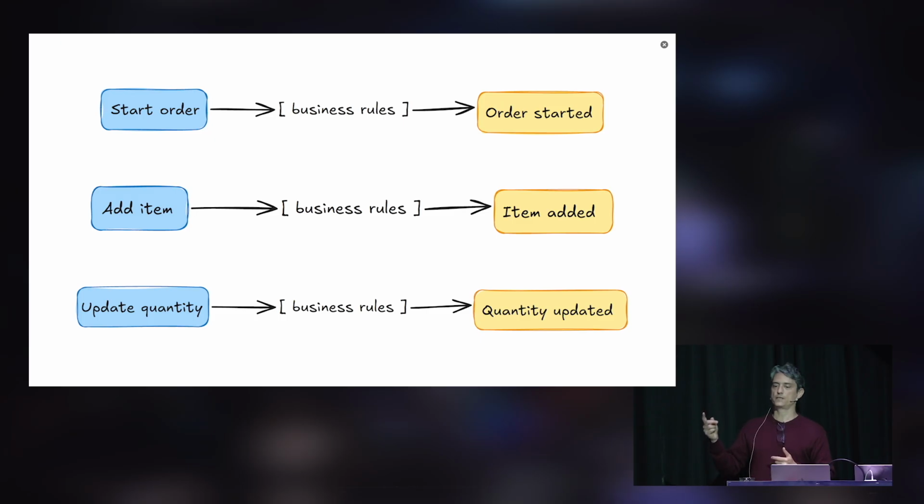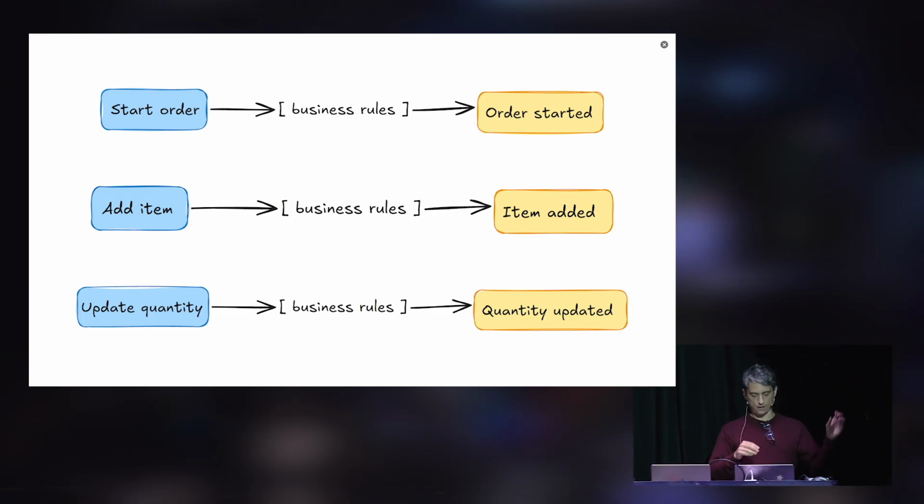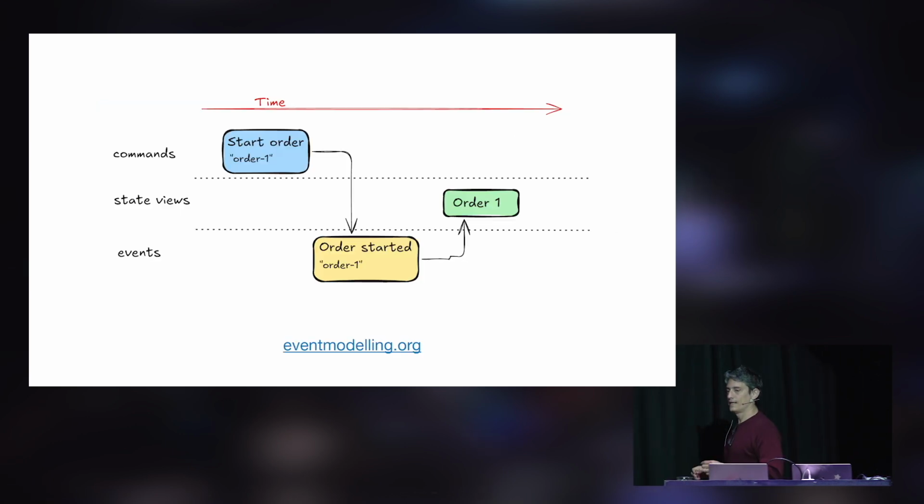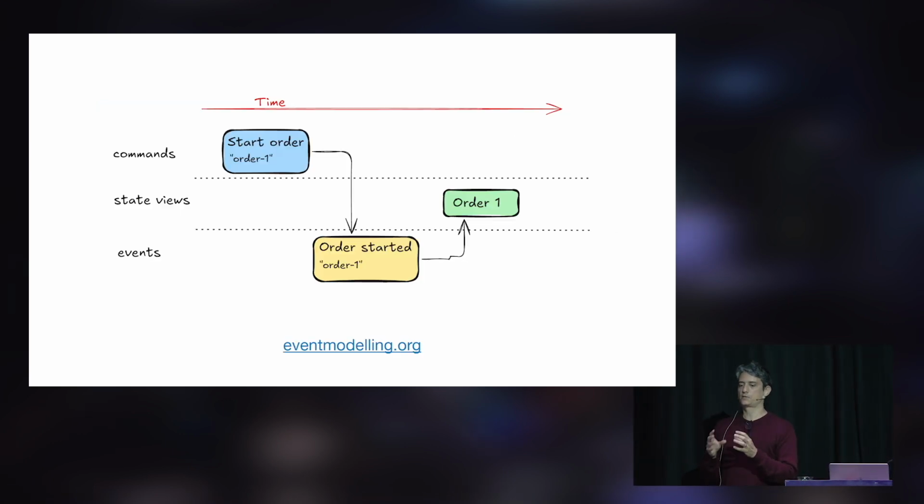So you can start an order, add an item, update the quantity of an item in the order, and so on. So you have all the causes on the left and all the effects on the right. Okay, we can describe every unit of behavior as a command and its corresponding effect, the event.